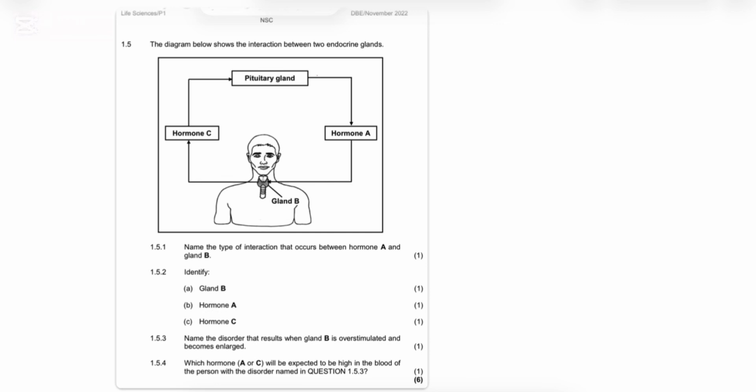It is Life Sciences Paper 1 that was written by grade 12s in November of 2022. We're going to answer question 1.5.